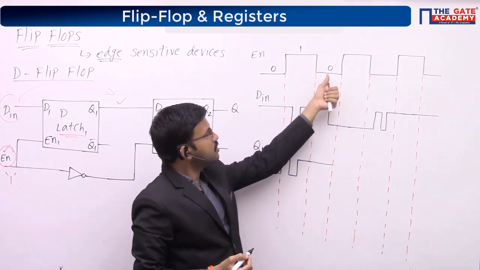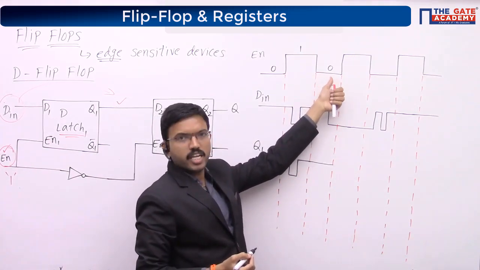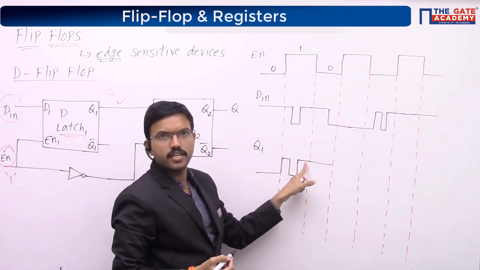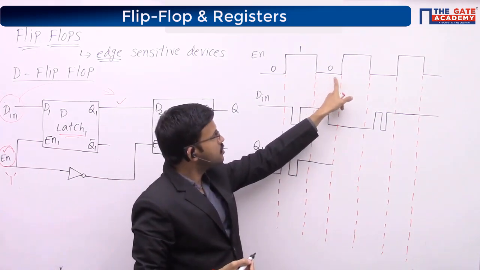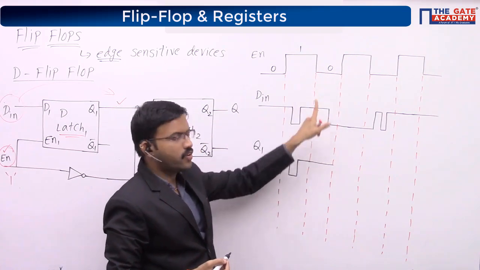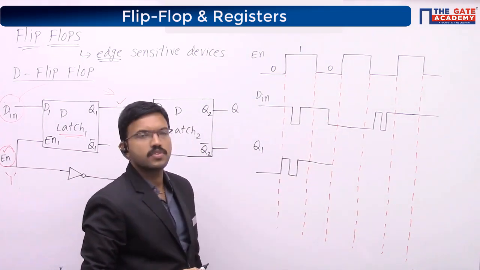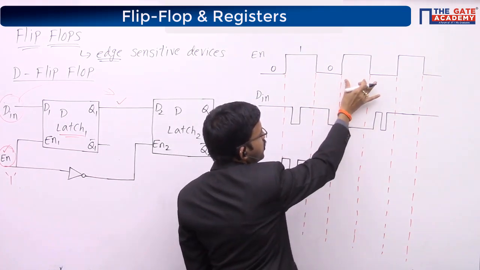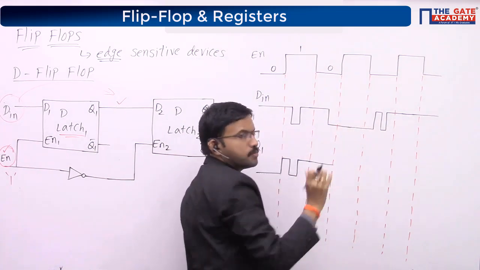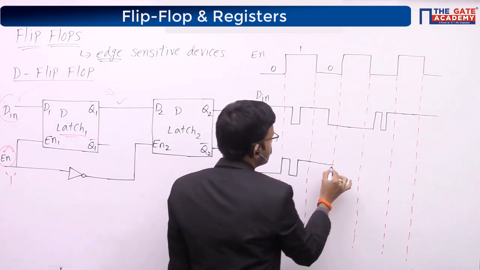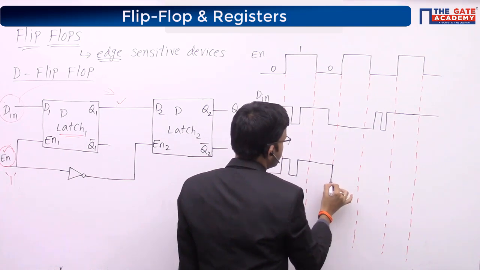Just before enable becomes 0, your present state is 1. Since enable is 0, next state is the same as present state. Now, enable equal to 1, during this period your D input is 0, so the same thing you will get at the output.